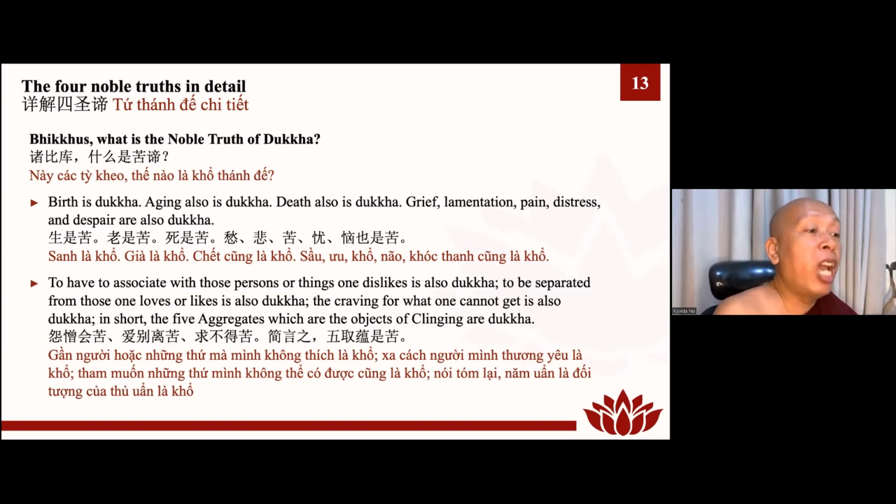Also, to associate with persons or things one dislikes is dukkha. To be separated from those one loves or likes is dukkha. The craving for what one cannot get is dukkha. In short, the five aggregates, which are the objects of clinging, are dukkha.